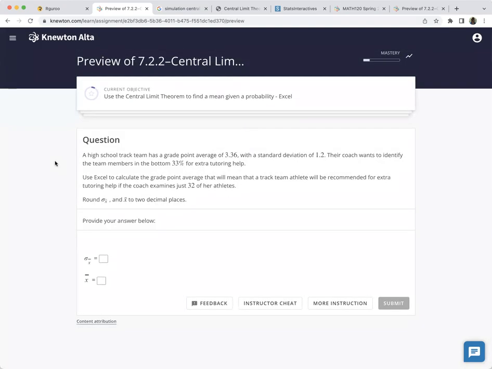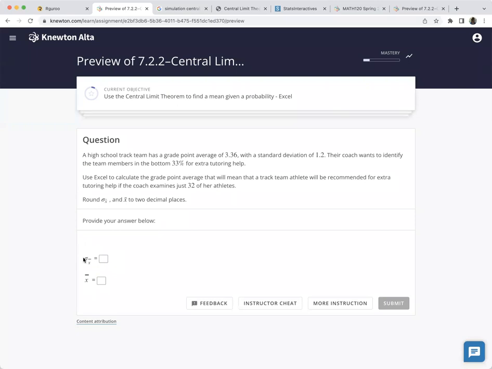A high school track team has a grade point average of 3.36 with a standard deviation of 1.2. The coach wants to identify the team members in the bottom 33% for extra tutoring help. We're going to calculate the GPA that will mean that the track team athlete will be recommended for extra tutoring help if the coach examines just 32 of the athletes, okay?